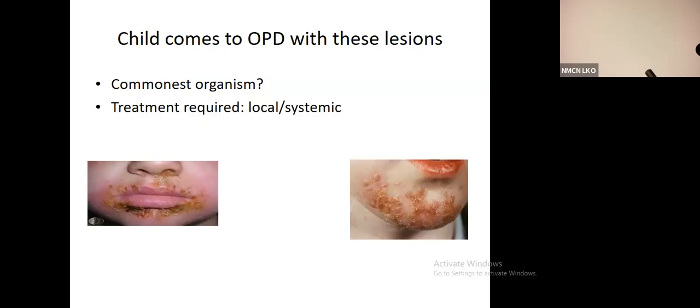What do you need for this? Local or systemic? What local? Name two drugs. Mupirocin, anything else? Fusidic acid, bacitracin. Any of those, right? So this is yes, impetigo.